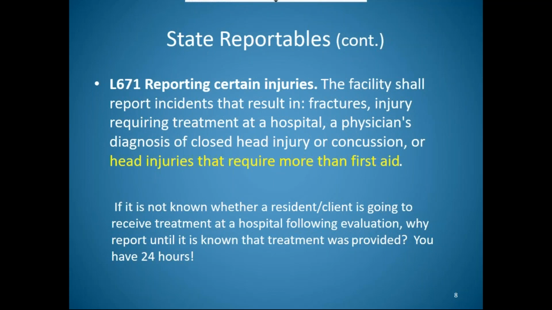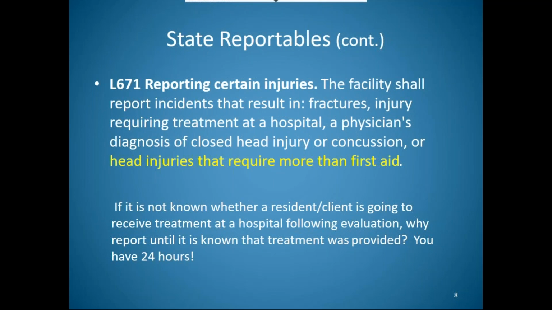If that resident was transferred to the hospital, had a CAT scan, received a diagnosis of closed head injury or concussion, it is reportable. If they were sent to the ER, had a laceration that required stitches, they have now been treated, not just diagnostic procedures, but the sutures were actually a treatment, that is reported.